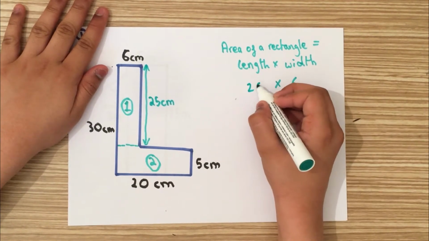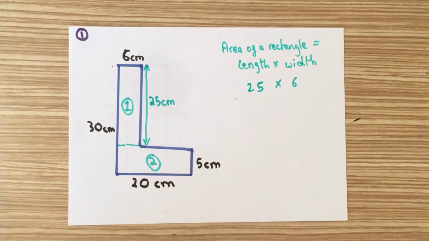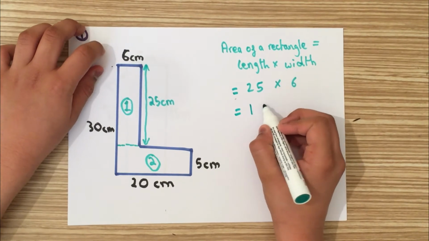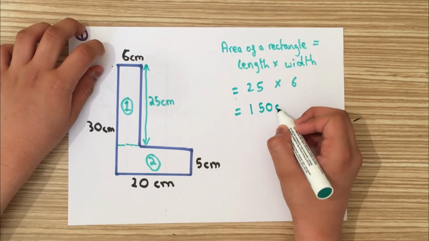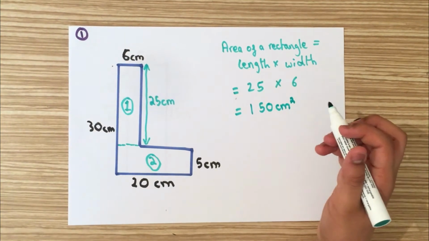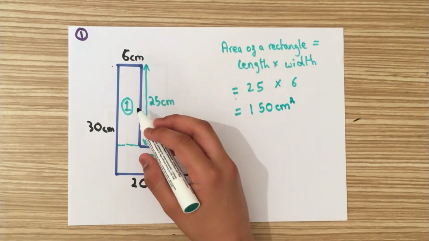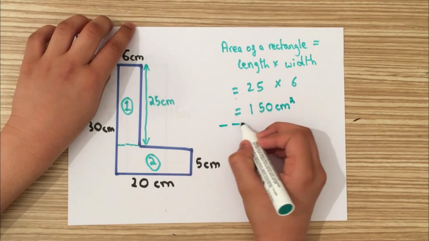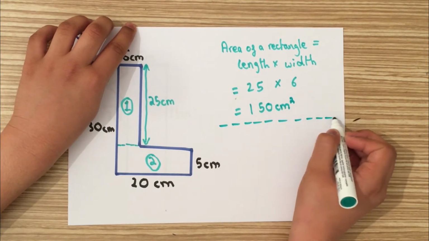So we have to do 25 multiplied by 6, and so 25 multiplied by 6 is 150 centimeters squared. That is our area for the first rectangle. Then the area for the second rectangle. I'll just do this to separate it.